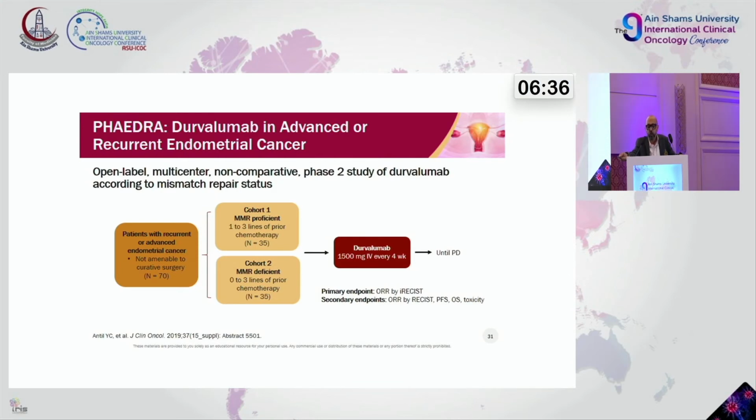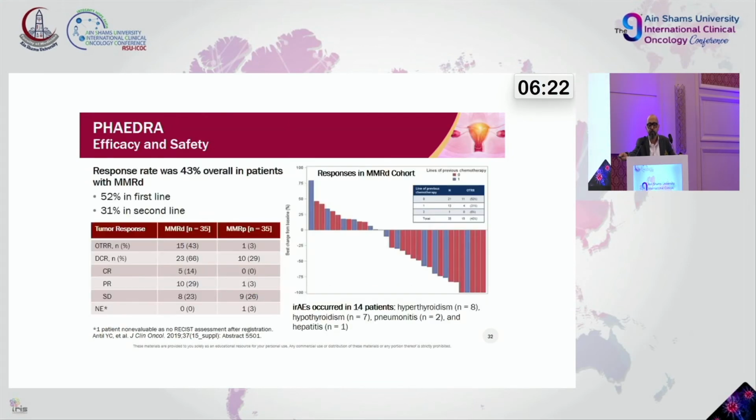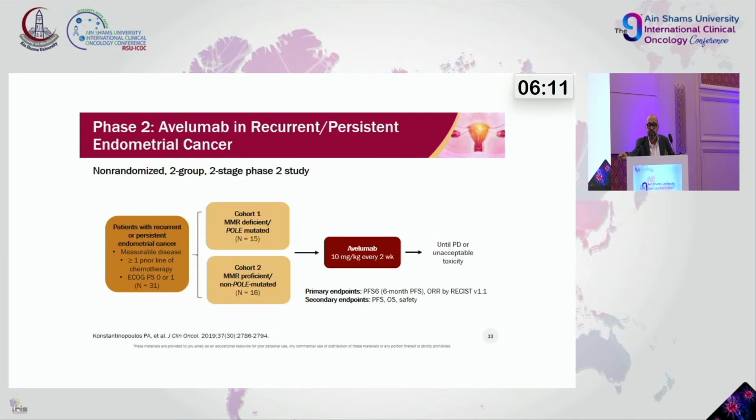Cohort 1 was mismatch repair proficient and cohort 2 mismatch repair deficient, and patients had received 1 to 3 lines and were certified to receive durvalumab 1,500 milligrams every 4 weeks. And the response rate was 43% overall in patients with mismatch repair deficiency, 52% in first line and 31% in second line. Another trial is with avelumab.